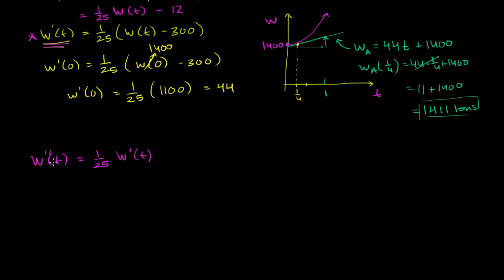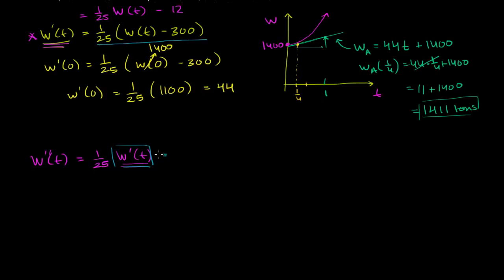Now this is the second derivative in terms of the first derivative. But the question asks us, write the second derivative in terms of w. But lucky for us, we know how to express this as a function of w. They gave that to us in the problem. This was given. This is just me rewriting it in a different notation.